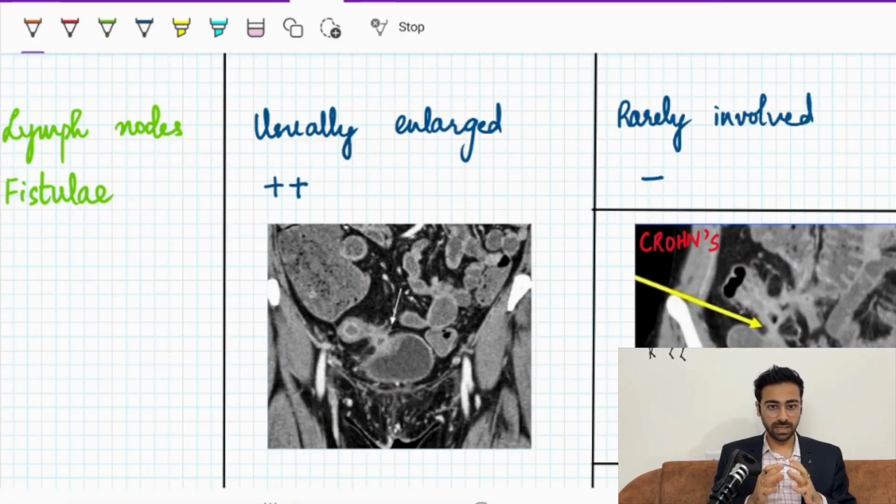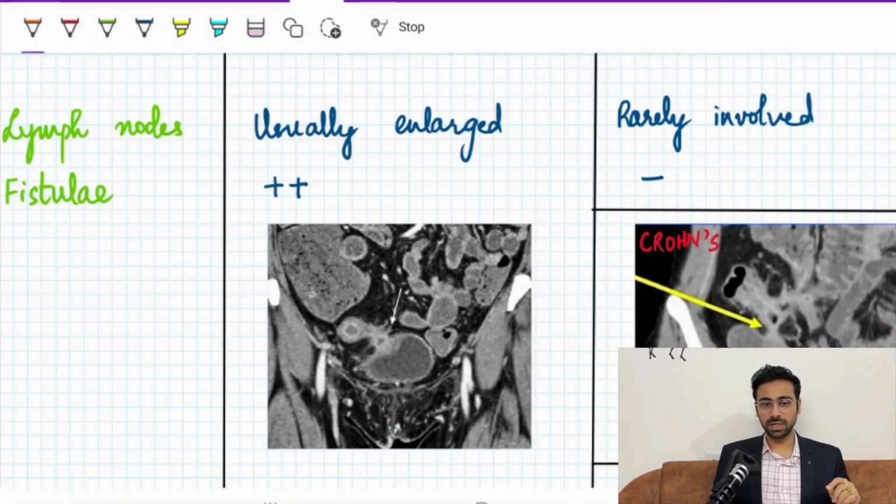In enterovesicular fistula, patient comes with a very important history, and you must keep this in mind, have a high suspicion of this history. It is known as pneumaturia, meaning the patient is passing air while passing urine. Now this is pneumaturia. Pneumaturia has two differential diagnoses.